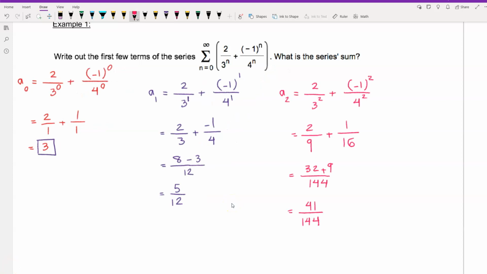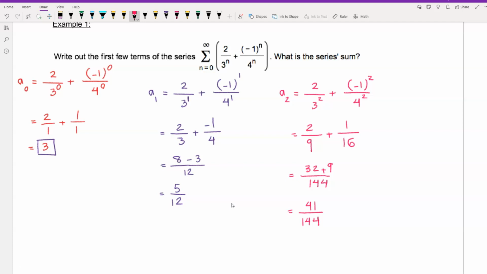Now evaluate a sub 2, that is equal to 2 over 3 squared plus negative 1 squared over 4 squared. So this is equal to 2 over 9 plus 1 over 16. Simplify: the denominator we have is 144, and the numerator we have is 32 plus 9, which is 41.